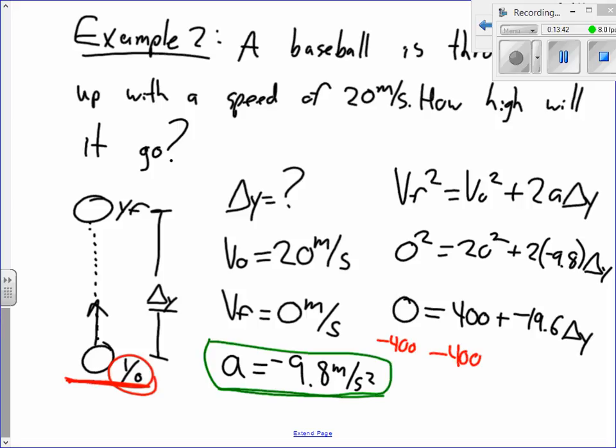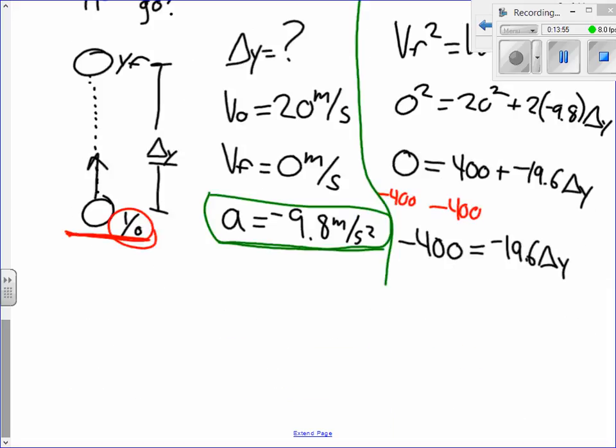Getting a little messy here. Put a line so I don't mix stuff up. So we'll have negative 400 equals negative 19.6 change in y. And the last thing I've got to do is divide both sides by negative 19.6. Which gives us an answer.